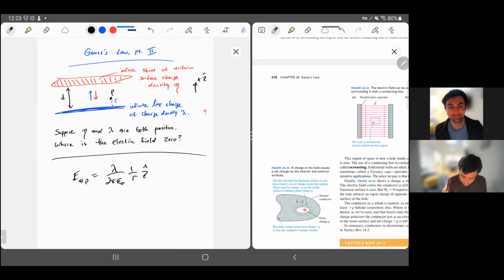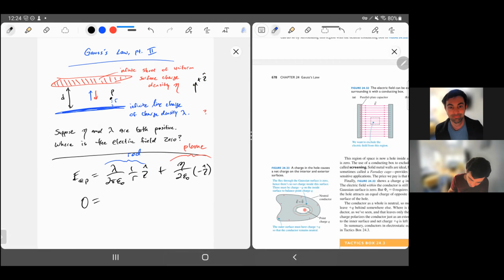And then there's also a contribution, and I'm going to hold off on the sign right here, that's plus or minus eta over 2 epsilon naught in the negative z hat direction. So this is from the rod, and this is from the plane of charge. The sum of those two is the total electric field.